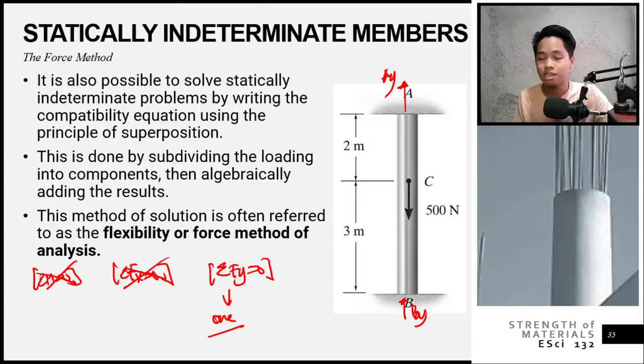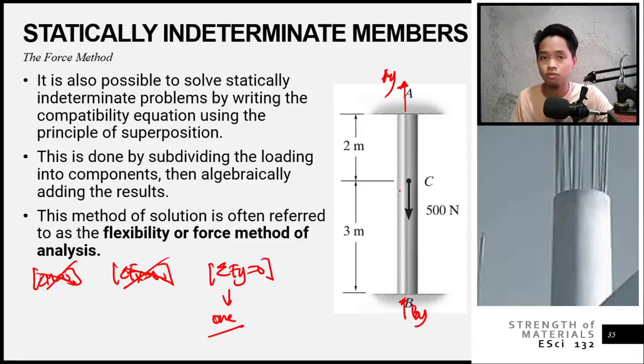Now, to make this a determinate structure, we need to have one reaction because we only have one equation of equilibrium. Therefore, we need to treat, for example, AY as the one we have to remove. To make this determinate, we have to remove one support.